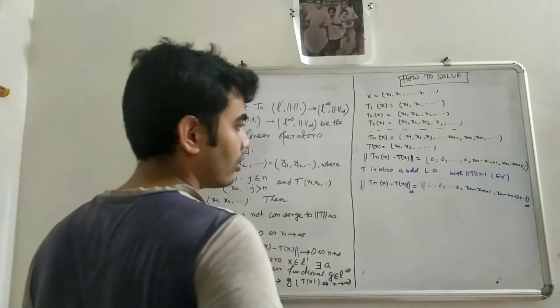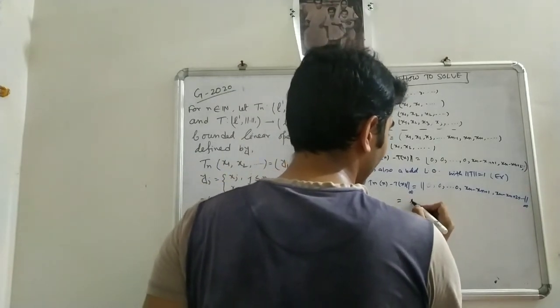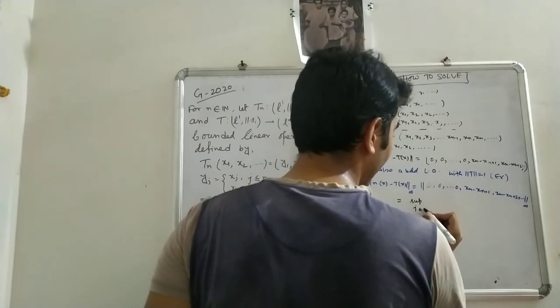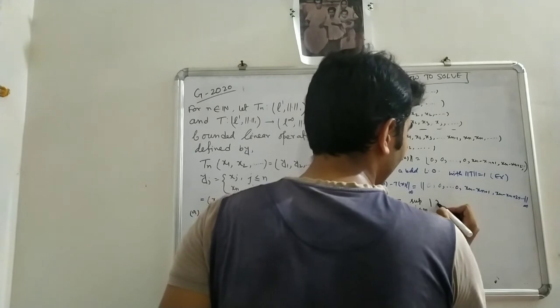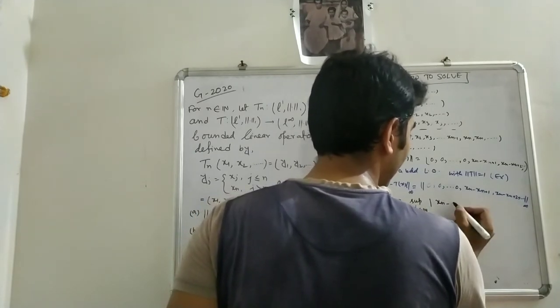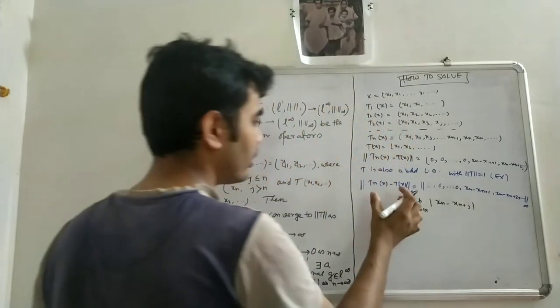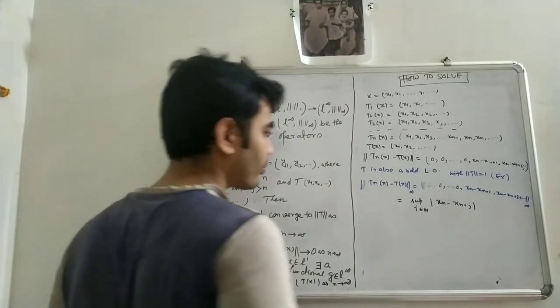So this infinity norm is equal to supremum of j belongs to N, modulus of xn minus xn plus j. Okay, so this is norm of Tnx minus Tx.